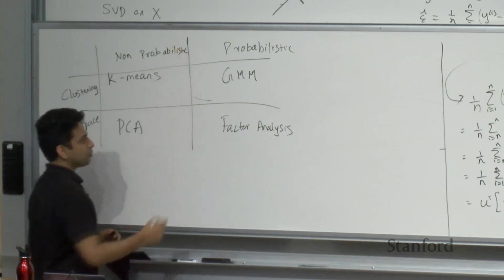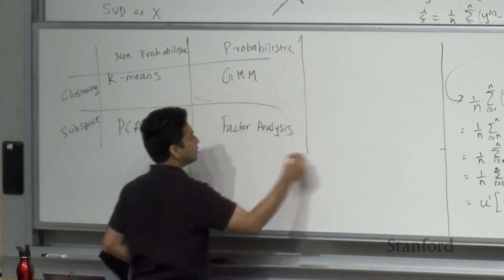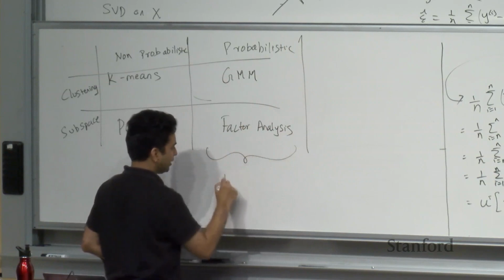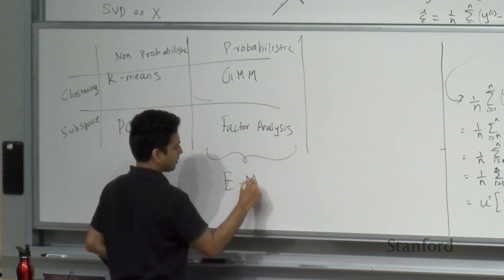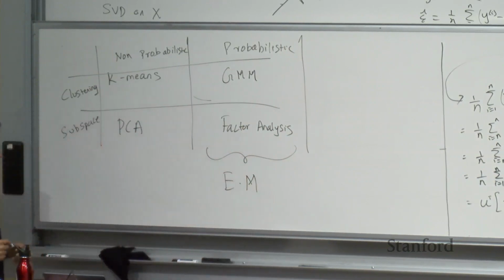The probabilistic algorithms, we solved using EM, expectation maximization, whereas in the non-probabilistic approach, we didn't have to use EM.